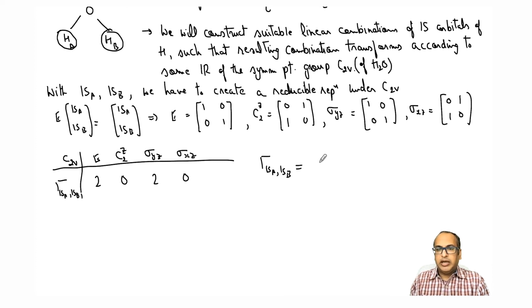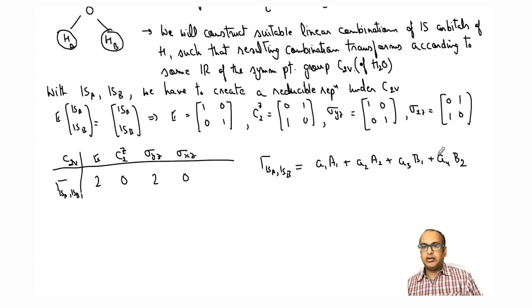Now we can say that tau of 1sA, 1sB can be reduced into a1 times A1 plus a2 times A2 plus a3 times B1 plus a4 times B2. What are these A1, A2, B1, B2? These are the Mulliken symbols for the irreducible representations of the C2V point group.